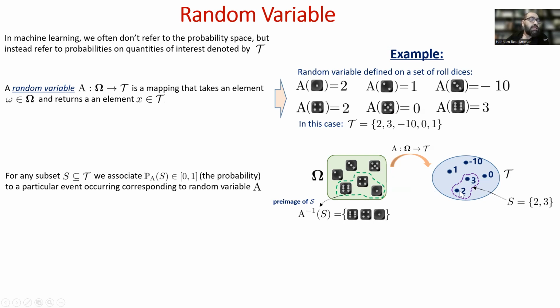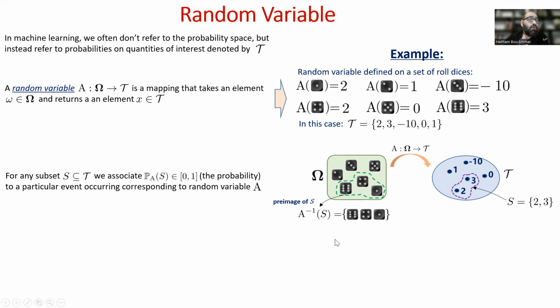Why is that the case? Notice that to get 2 and 3, I use this example I made here. A of the roll of the dice is 2 if the face is 1, A of 4 is 2 if the face is 4, and for 3, A of the face 6 is equal to 3. Now, what are the things from omega that will give me the values 2 or 3?